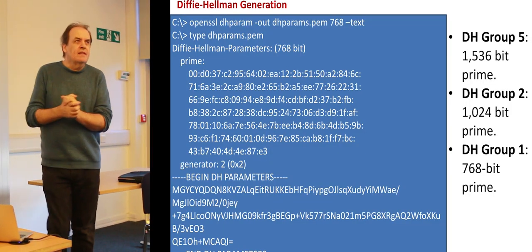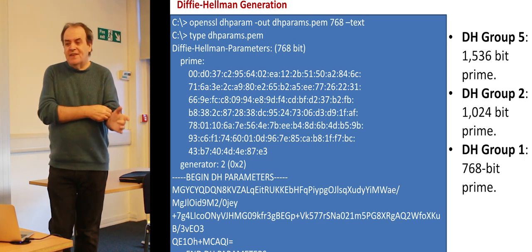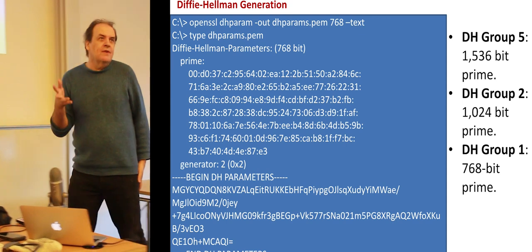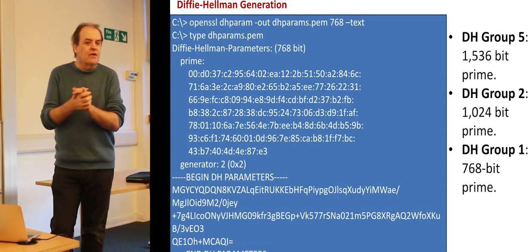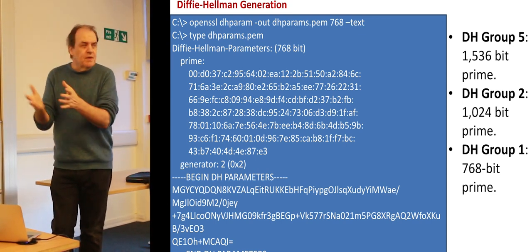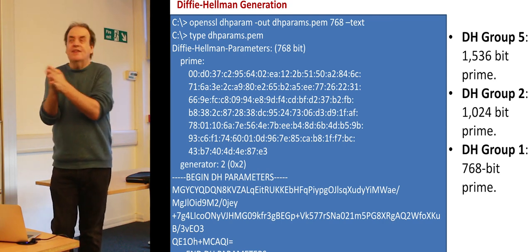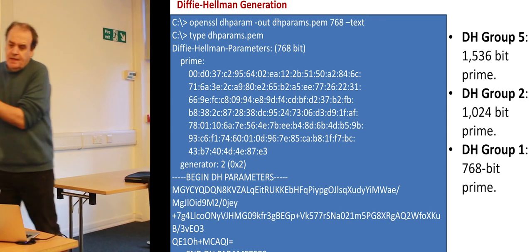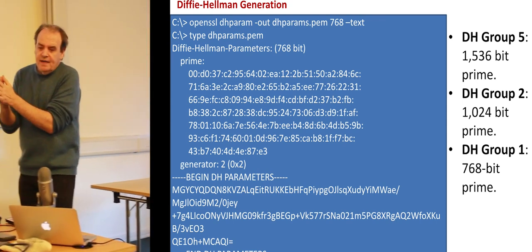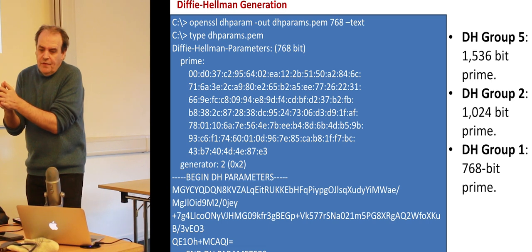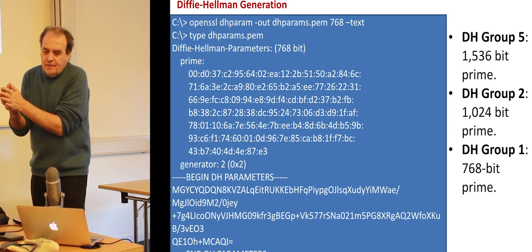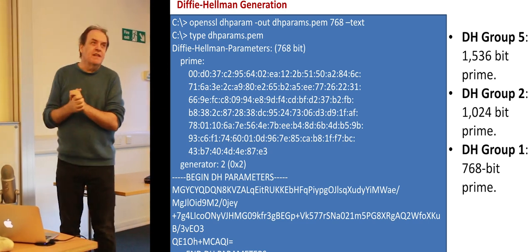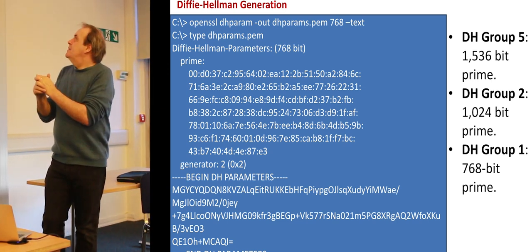So how do we create the parameters that we need for our Diffie-Hellman exchange? We can use OpenSSL, and if you're setting up a server, this is what you would go through to generate the initial values for your Diffie-Hellman method. We've created our output values, and you can see the prime number is defined here as 768 bits.